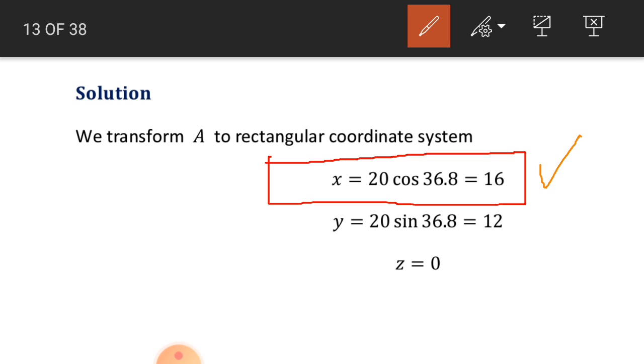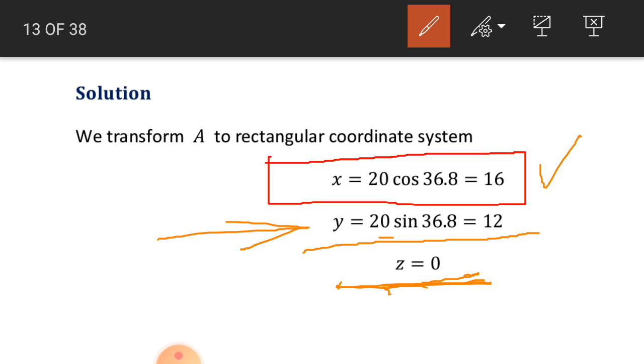Then we calculate y. Y will be equal to rho sin phi, and we know that rho is 20, phi is 36.8, so y is 12. Z is 0. We don't need to calculate the z coordinate of this point because z is already known.